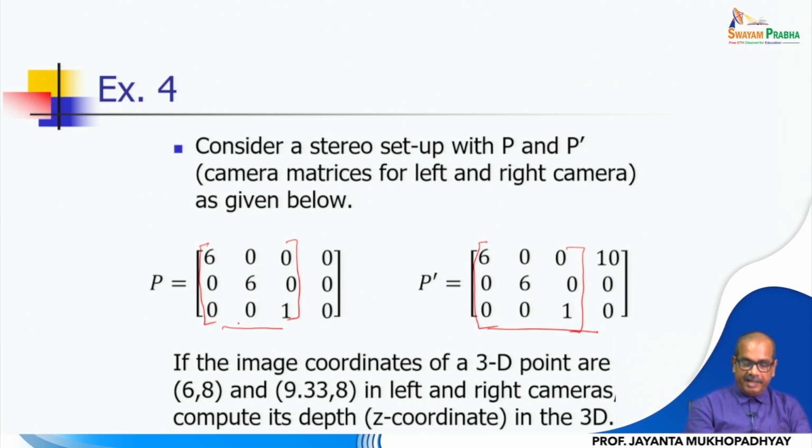So I can call this matrix K, and if I take it out, this part would be I, this part would also be I, and this is 0.